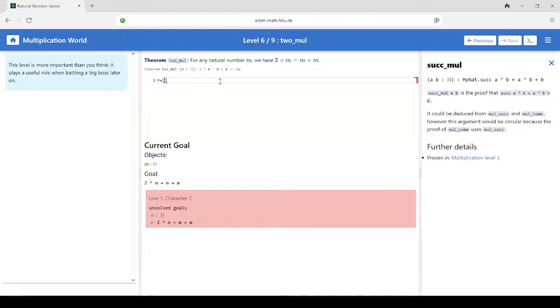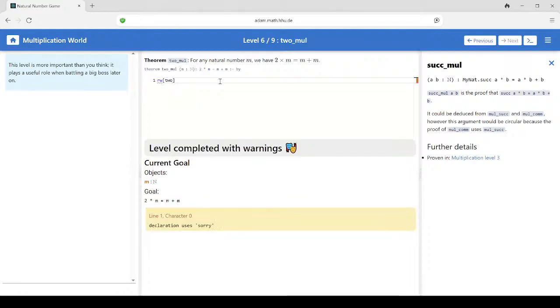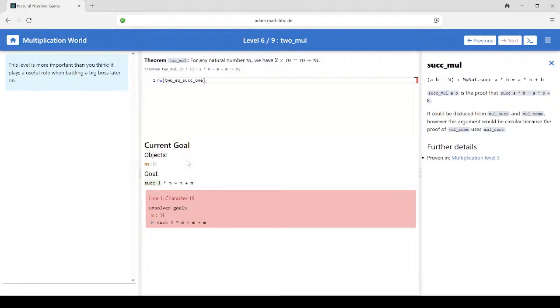Let's see, rewrite 2 equals the successor of 1. And now we have a successor times a thing, just like we would need in order to use this.